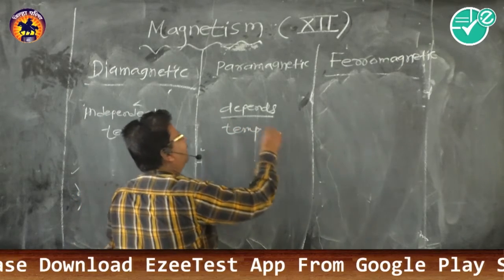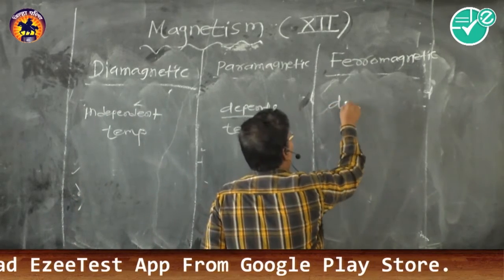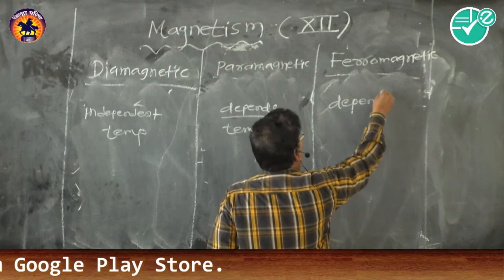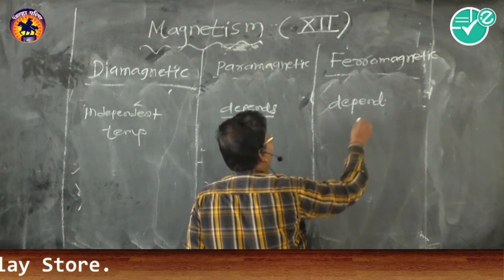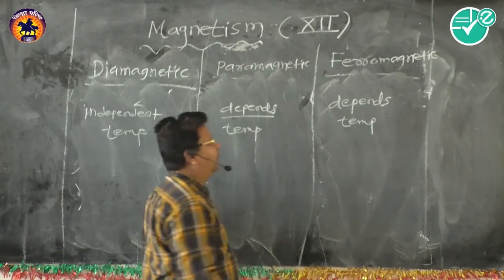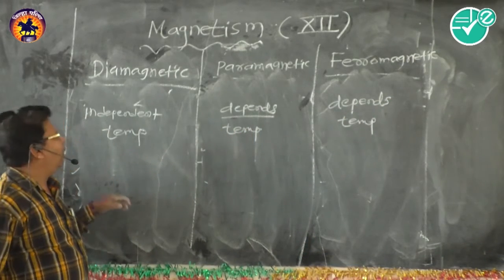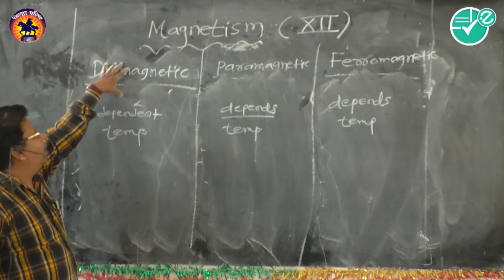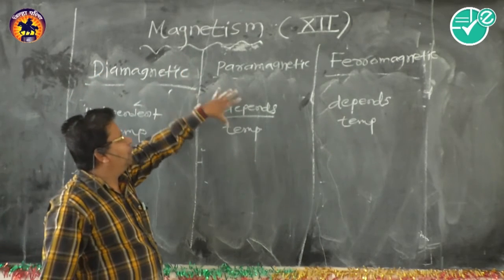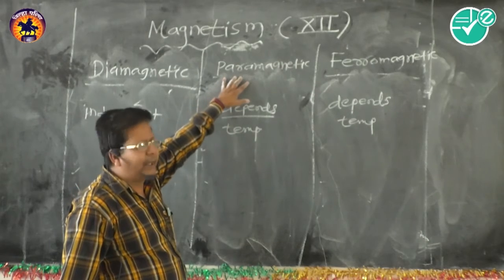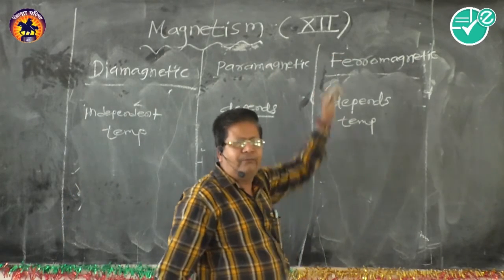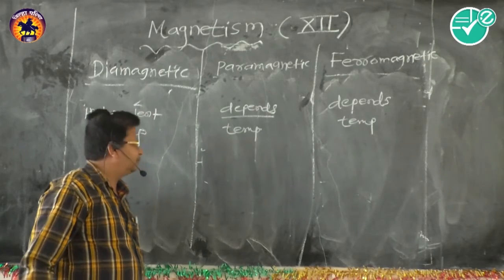And similarly, for ferromagnetic substances, there is an effect of temperature. That means it depends on temperature. So Curie's law is not obeyed by the diamagnetic substance. Curie's law is obeyed by the paramagnetic substance, and Curie's law is also obeyed by the ferromagnetic substance.